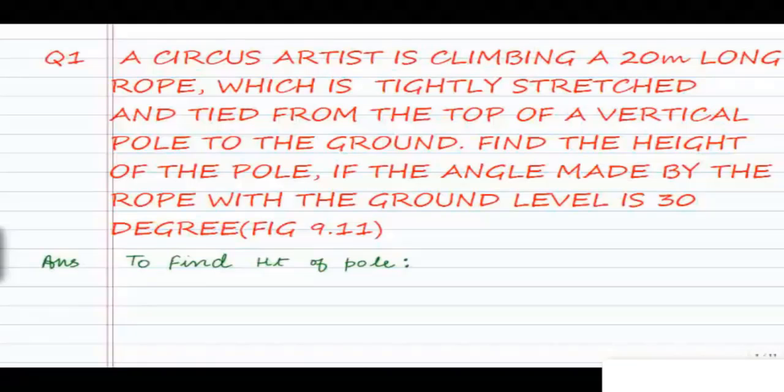So our question number 1 is, a circus artist is climbing a 20-meter long rope which is tightly stretched and tied from the top of a vertical pole to the ground. Find the height of the pole if the angle made by the rope with the ground level is 30 degrees. So first let us understand our question from our figure.